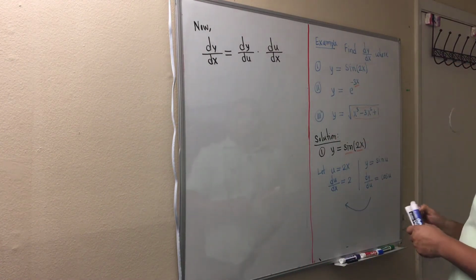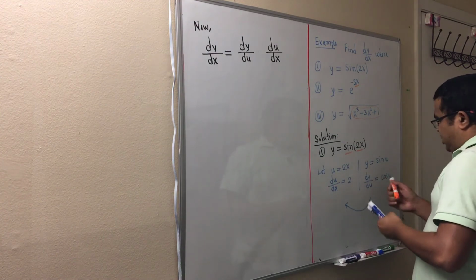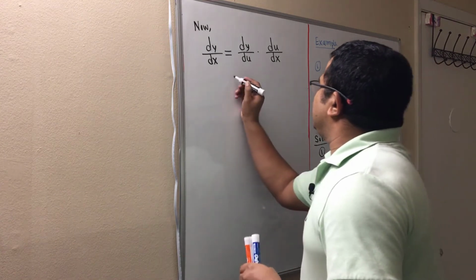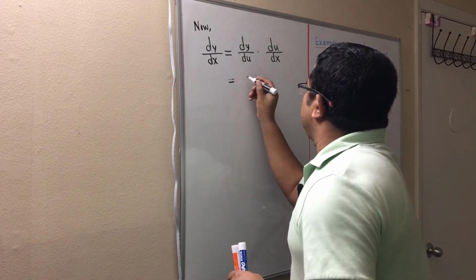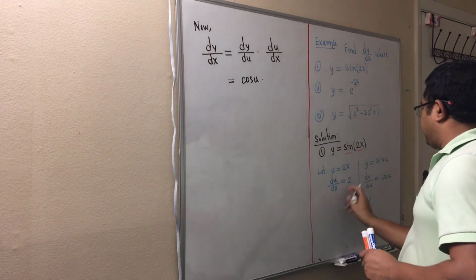Now, plug in the value of dy over du. So, dy over du is cosine u, times du over dx, which is 2.